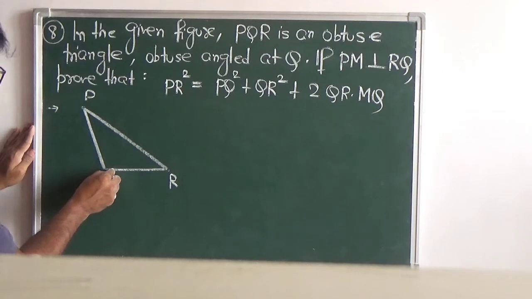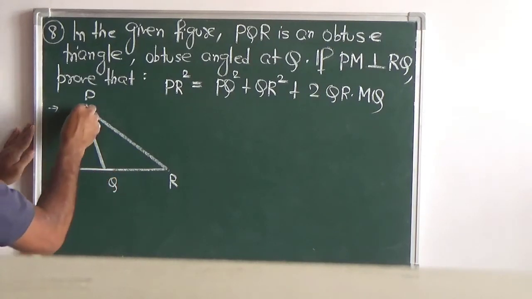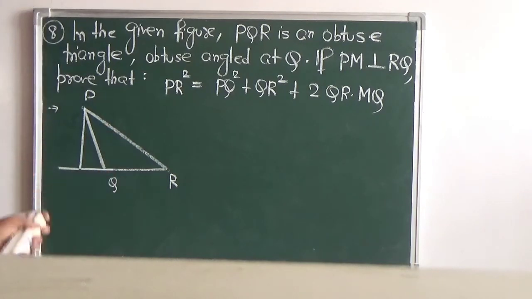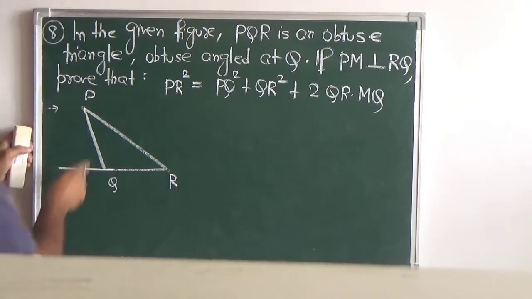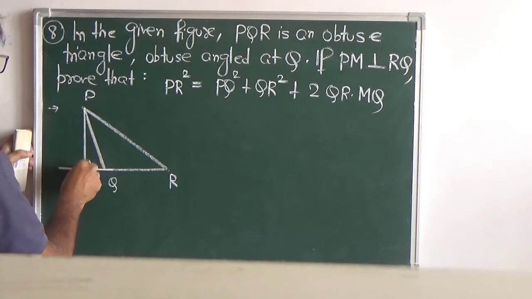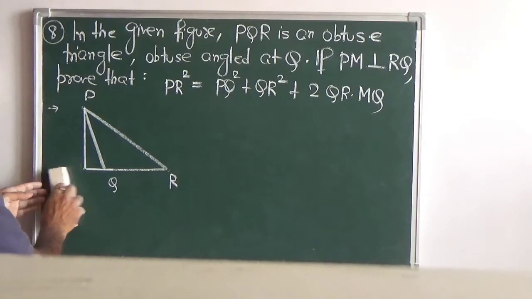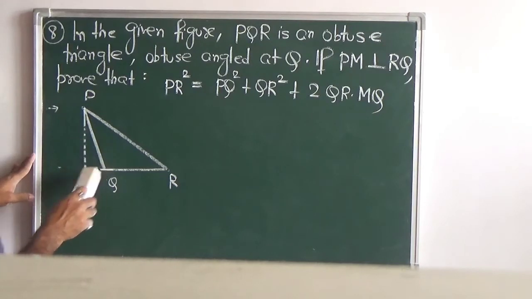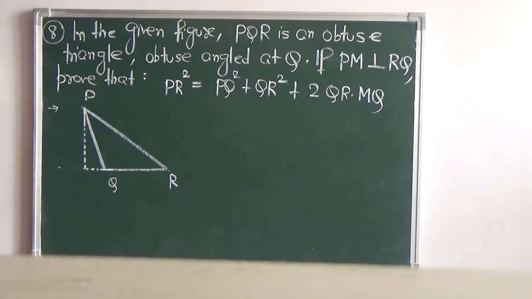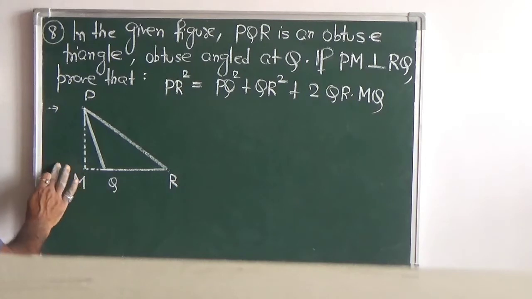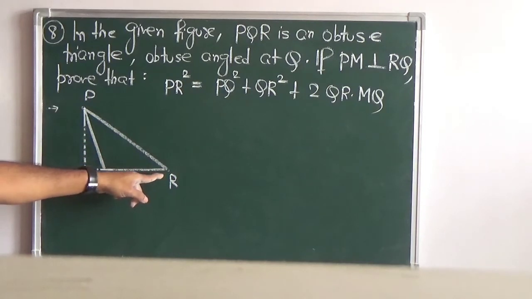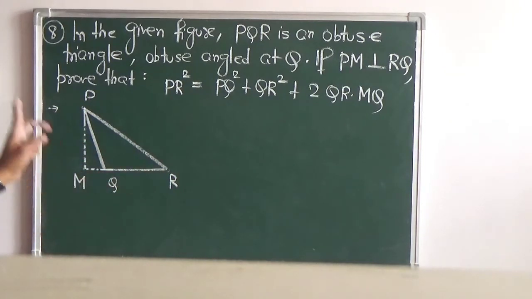So this is RQ, you can extend it, and PM is perpendicular. We have to draw a perpendicular from here. So this is the perpendicular, and this is M. Now we have to prove that PR square equals PQ square plus QR square plus twice QR dot MQ.